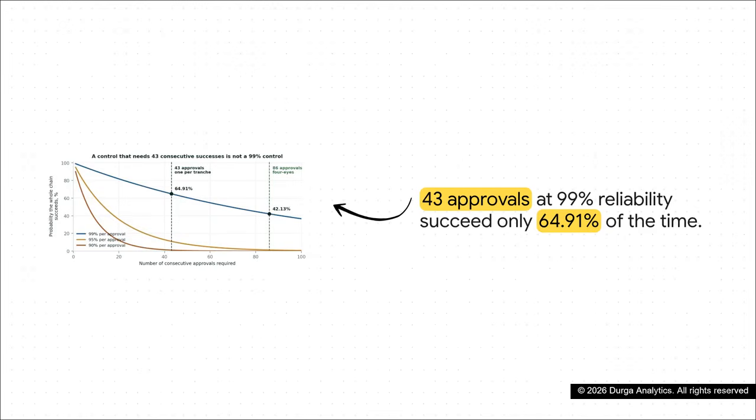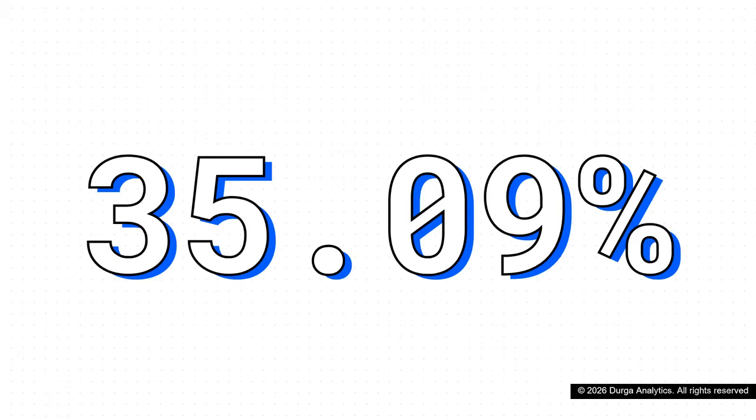Now you might be thinking, hey, our approvers are great, they have a 99% success rate, but the math is entirely unforgiving here. If your currency threshold forces 43 consecutive approvals, and each one is 99% reliable, your entire chain only succeeds 64.91% of the time. That leaves you with a massive 35.09% failure rate against a statutory gate.